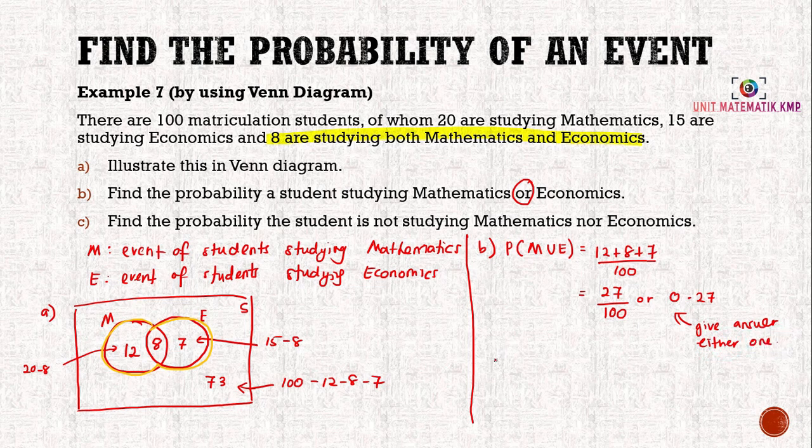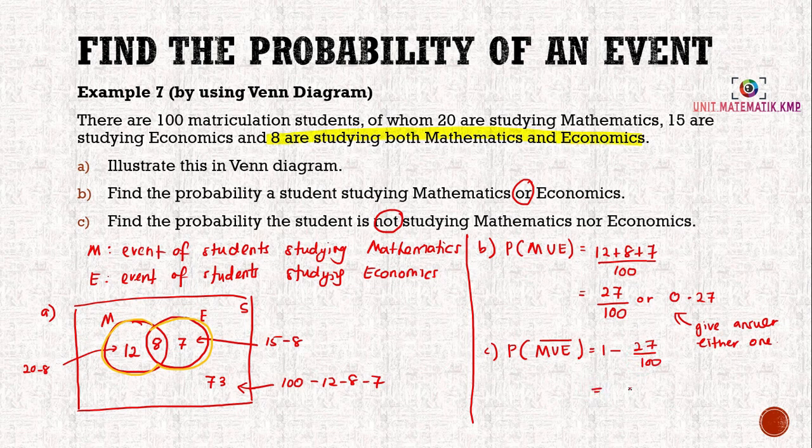Okay, the next one, question C. The question asks you to find the probability that the student is not studying mathematics or economics. It means he does not study mathematics and also does not study economics. So we can say the probability of M union E bar. By the formula, we can say 1 minus 27 over 100.